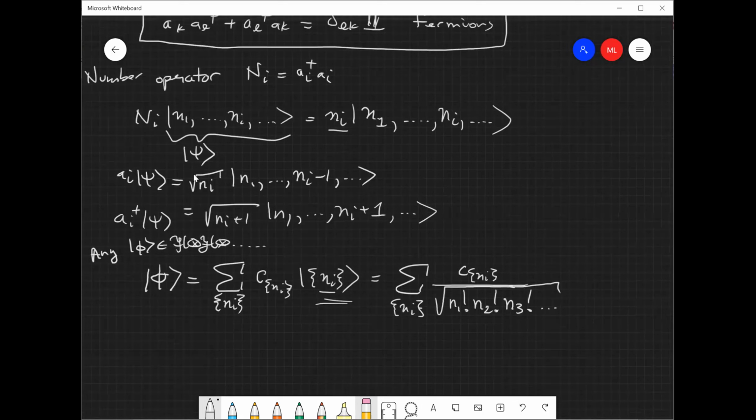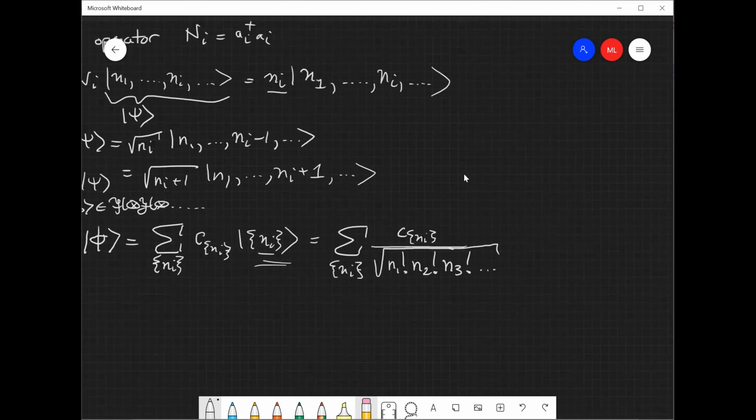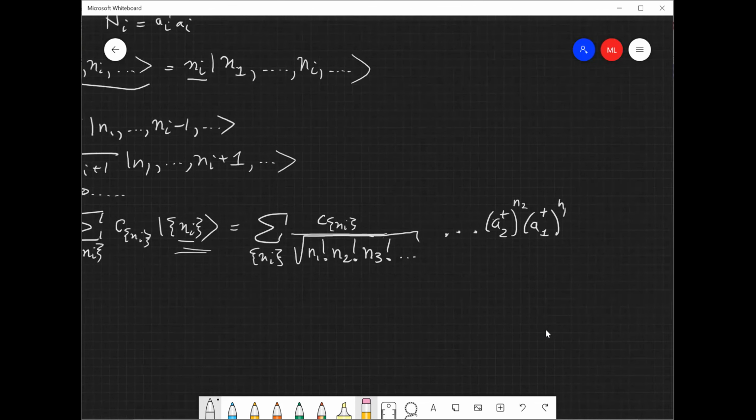Something similar happened there with this normalization. It just comes from the normalization of the creation and annihilation operators. And what you're doing is creating particles, however many you need, in the different single particle states. So you create a particle in state 1, n1 times, a particle in state 2, n2 times, and so on. And you pop all those into the vacuum.